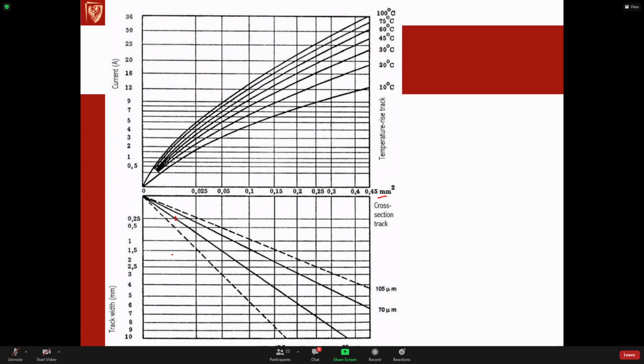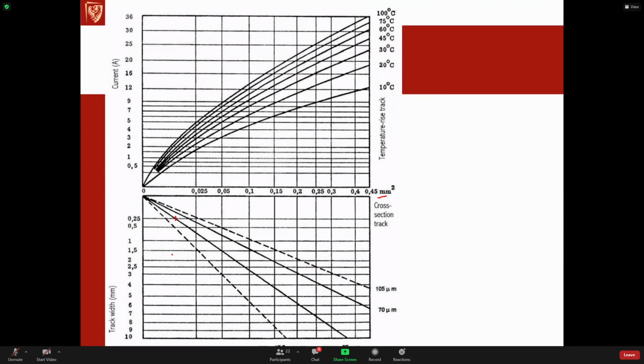So we are actually designing today for signals. We are using mainly 10 mils plus minus 2 mils tracks. So 10 mils, 6 mils, or 12 mils for low density designs.